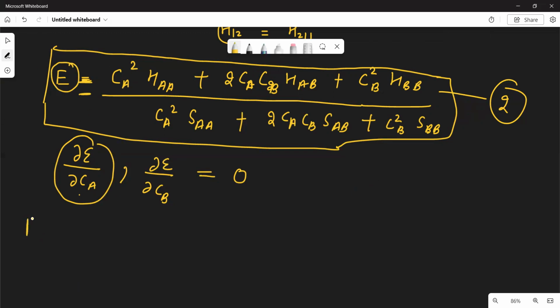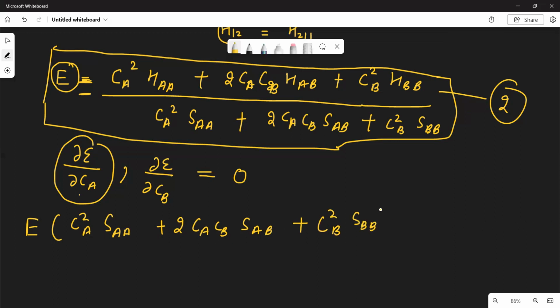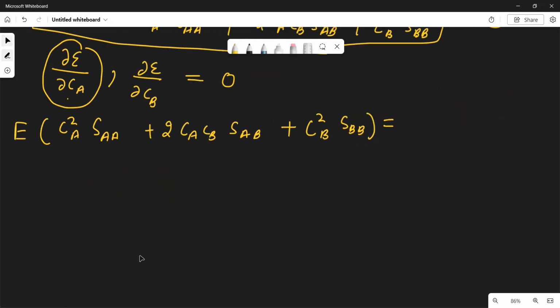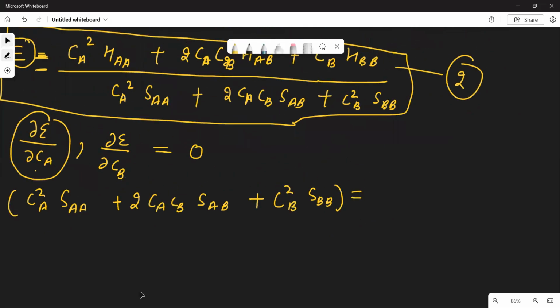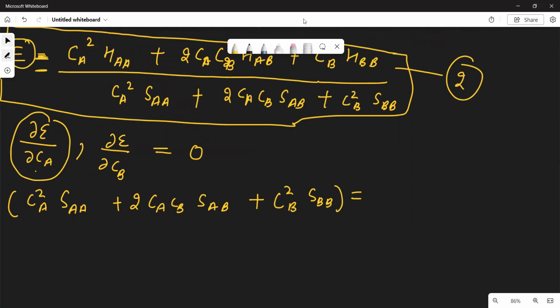So I am cross multiplying: E into CA squared SAA plus 2CACB SAB plus CB squared SBB equals this term, CA squared HAA plus 2CACB HAB plus CB squared HBB. Okay, now we will differentiate.